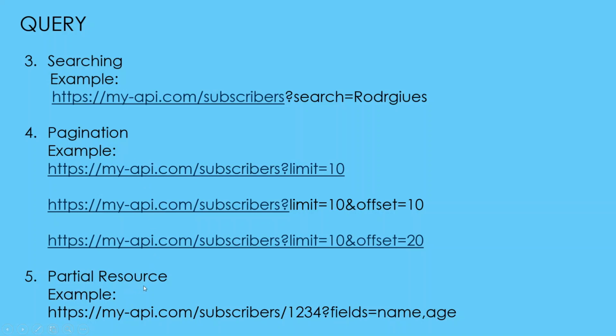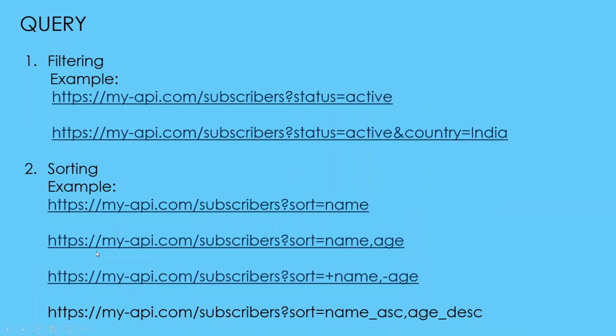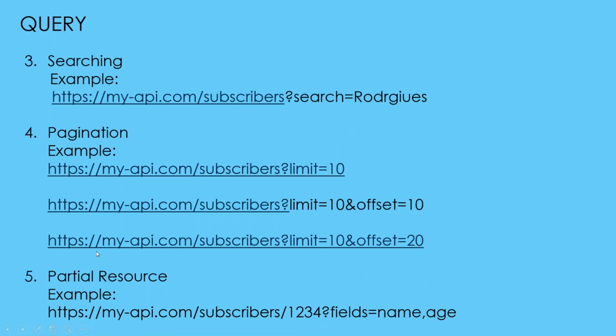Partial resource. So far, whatever queries we have seen, like searching, pagination, filtering and sorting, in those we were retrieving all the fields like ID, name, age, country, gender. But what if you do not want all the fields, you just want specific fields? That is when you should use partial resource. For example, I want subscriber 1234 and I just want the fields name and age.